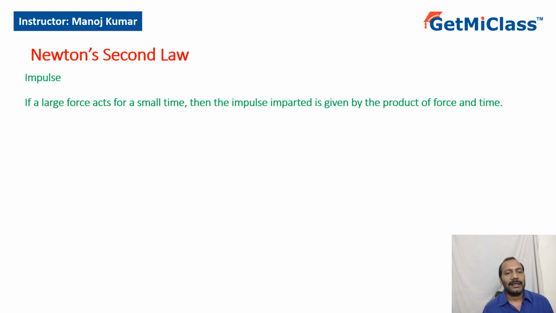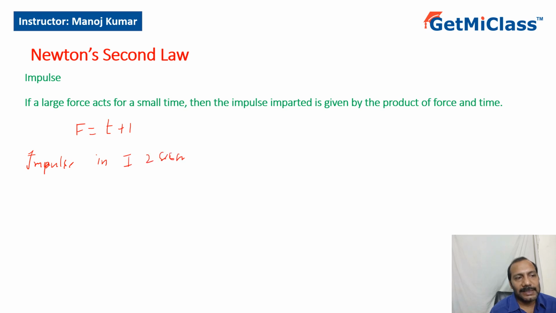Now there are other ways of finding impulse. As I just told you, if force is given as a function of time, let's say force is given as t plus 1, and I want to find the impulse in the first 2 seconds. How do we find it?